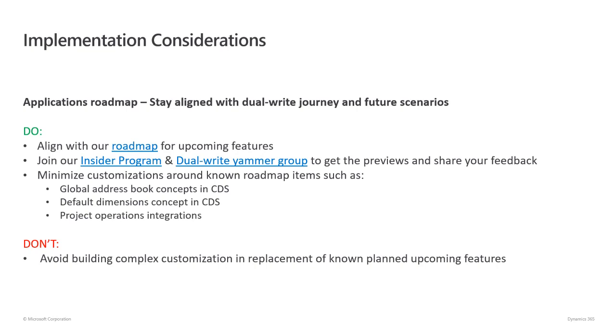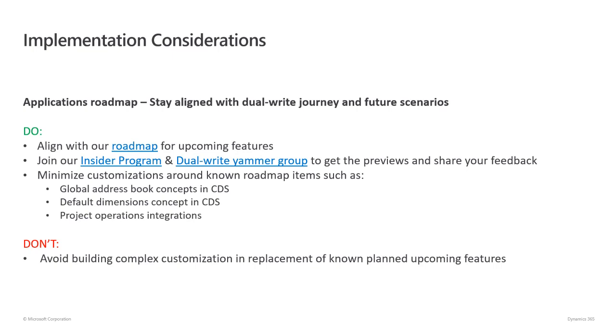If you need to build a solution today, our recommendation is to minimize customization around those known roadmap items, so that once we have these features available out of the box, you can simply transition to the standard feature. And the same goes for what we encourage you to avoid. Avoid building complex customizations, almost reinventing the wheel, if you know that something is already upcoming.